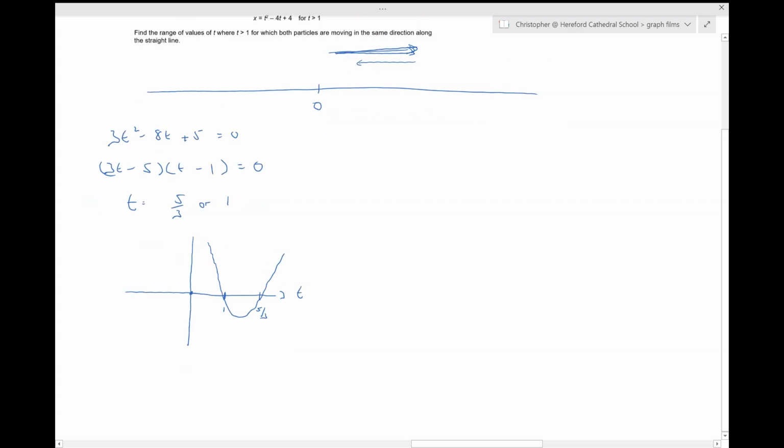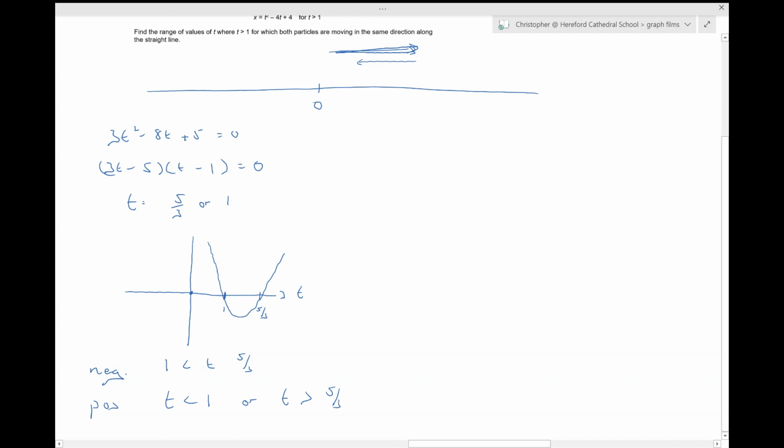So this function has a negative value when t lies between 1 and 5/3. And it has a positive value when t is less than 1 or when t is greater than 5/3.